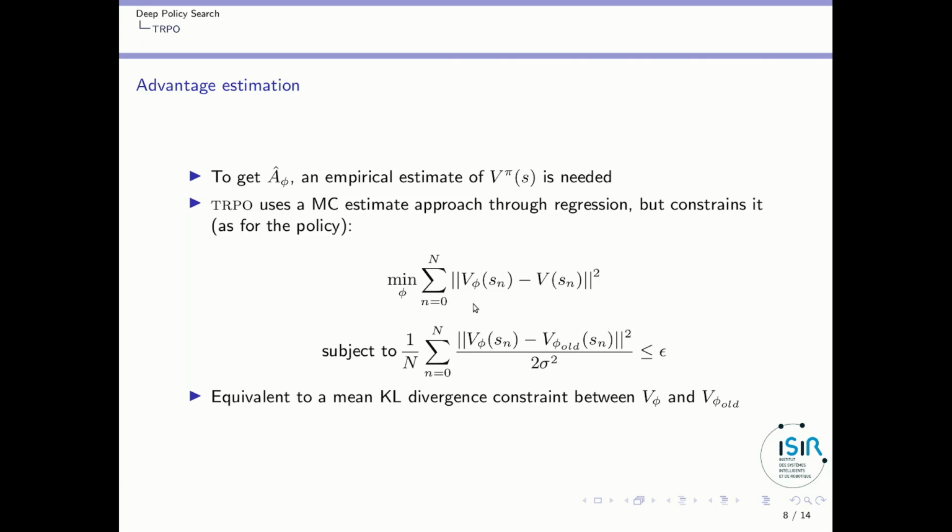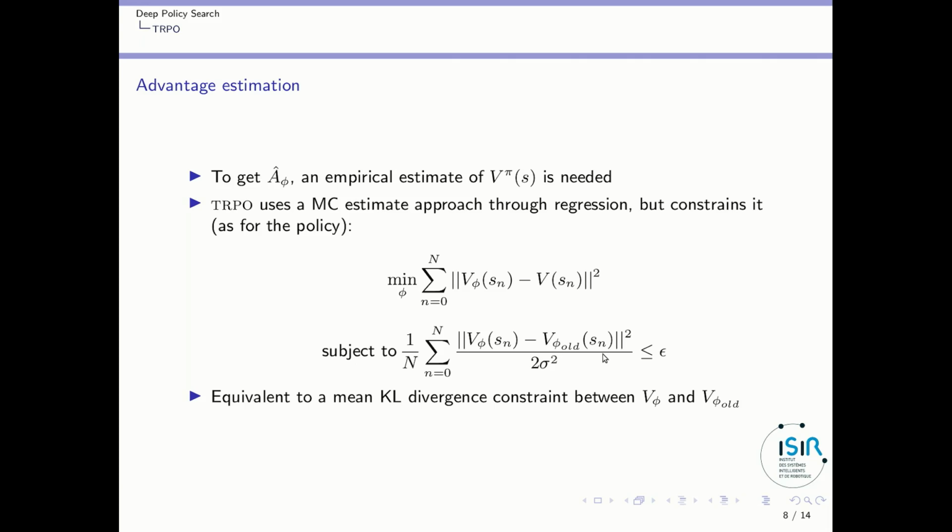So it wants to minimize the distance of the neural network approximation of the value function with respect to the true value function as given by Monte Carlo trajectories. But this least square minimization is performed subject to that particular constraint.